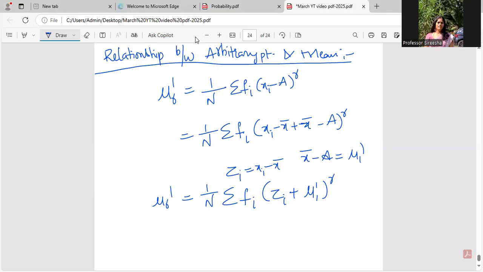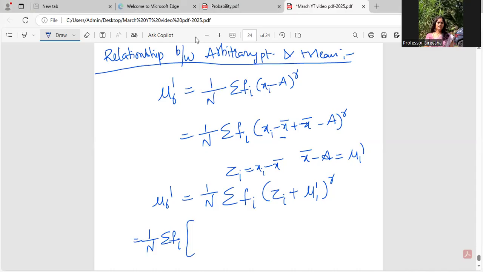For the relationship between moments about mean and arbitrary point, there was a negative sign because of which in the binomial expansion there are alternating plus and minus signs, but here it is a plus sign. So the similar binomial expansion will be there, but all positive signs only, because zi plus mu1 prime is there. Okay.